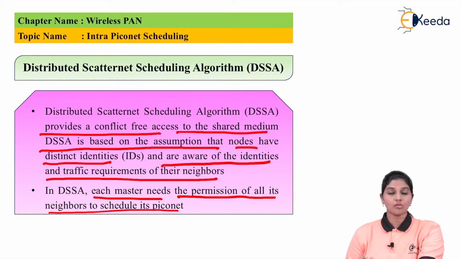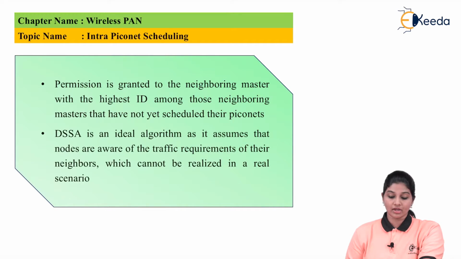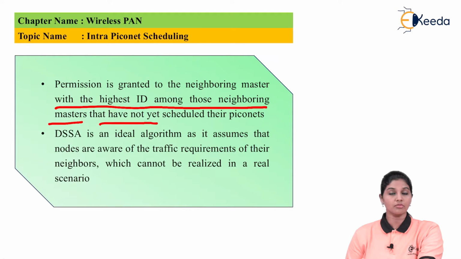A scatternet is nothing but a combination of Piconets. So when one Piconet master wants to schedule its Piconet, it requires permission from all its neighbors, that means all the neighboring masters. Once the permission is granted, the master with the highest ID among these neighboring masters schedules its Piconet.